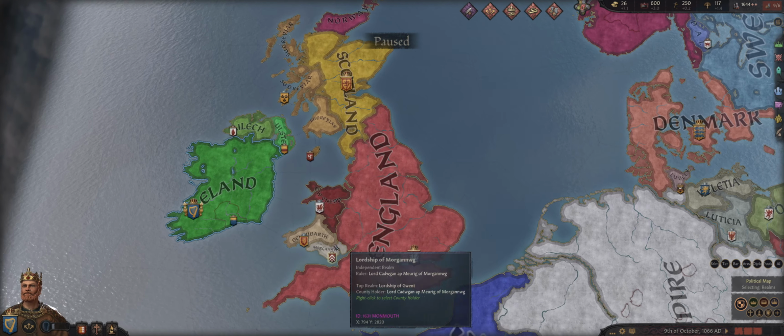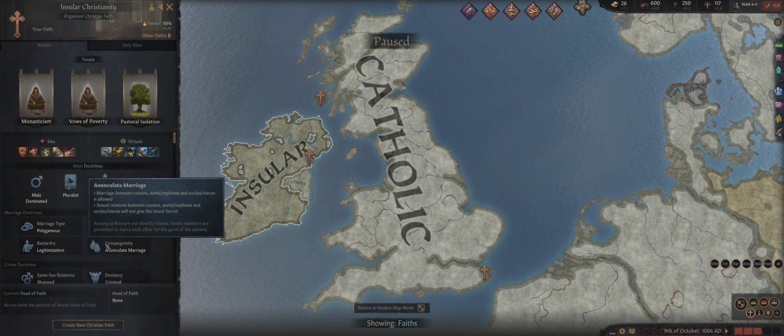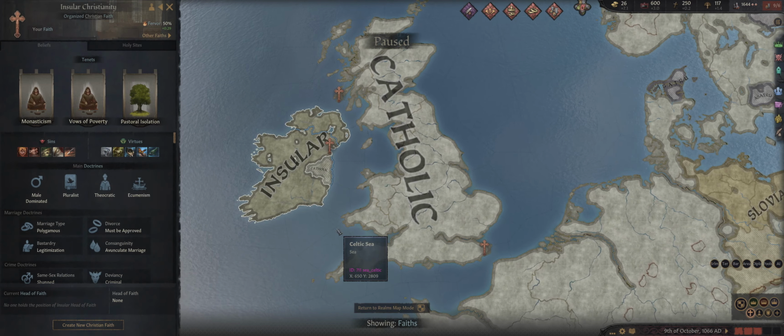And that's because our religion currently is insular Christianity, and that has the consanguinity rule of avunculate marriage, which means marriages between cousins, aunts, nephews, uncles, and nieces is allowed, but you can't marry directly close to you. You just can't. Notice that there is also a mention of secrets in there, and we're going to discuss that in just a little moment.